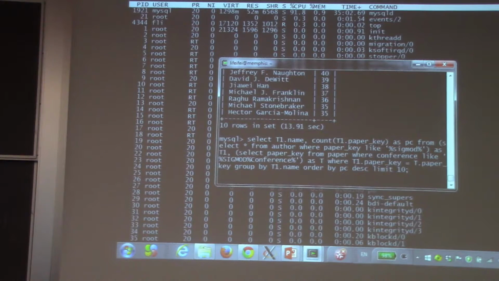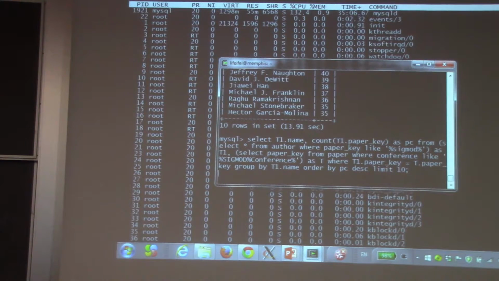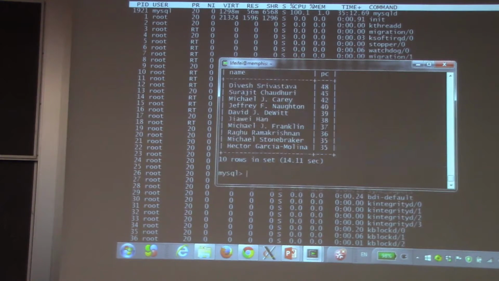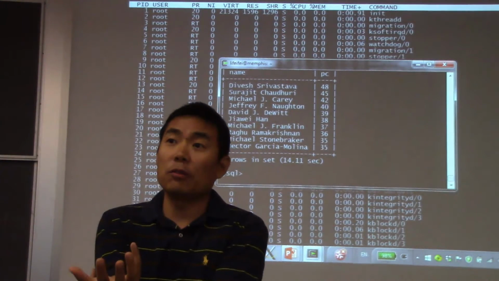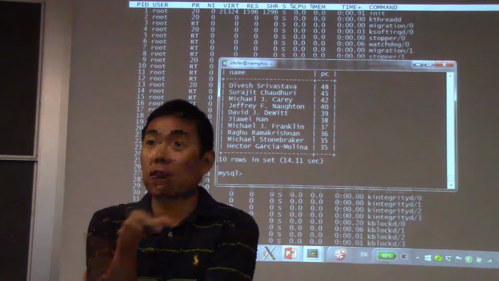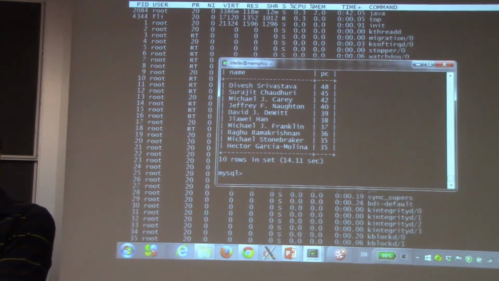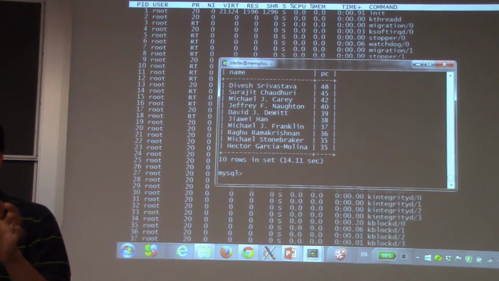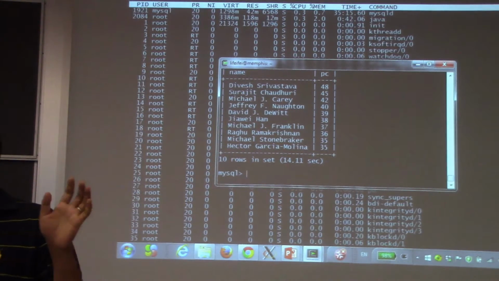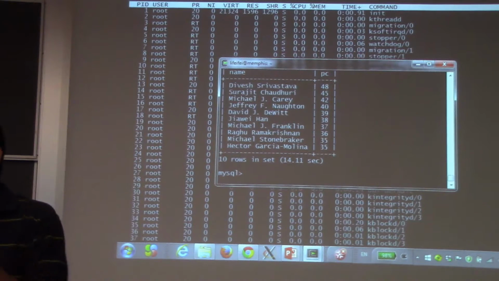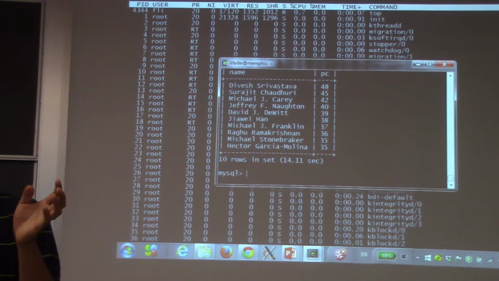The CPU gets super busy. What do you notice though? In other words, for this particular query, the CPU is the bottleneck and the cache is not. So even if they have cached the data, unless they cache the final results, and the cache is smart enough to realize, oh, this is the identical query, I can just return it. But it cannot be sure because the database might have been updated between two queries.